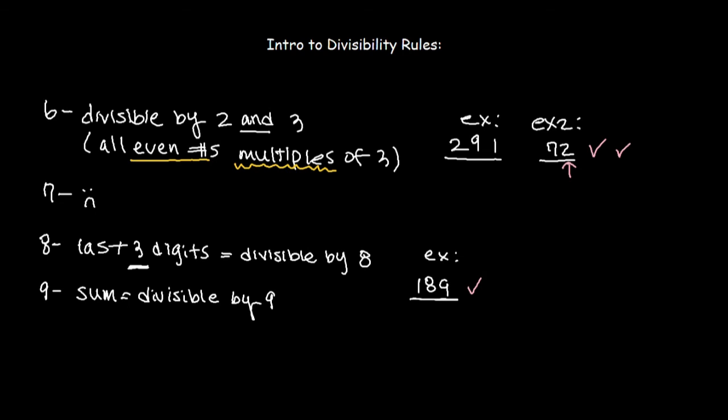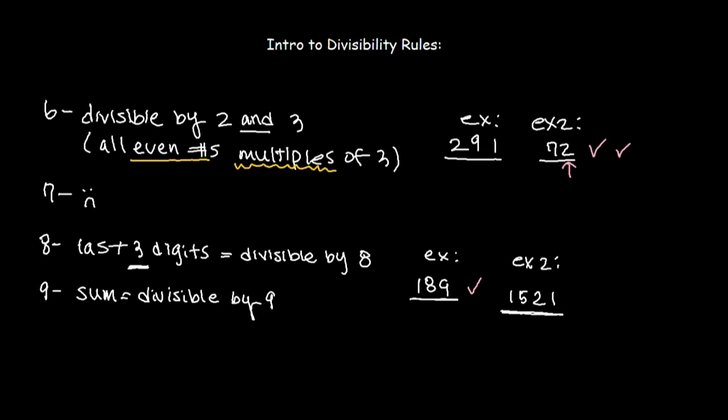Let's try a more complex example. Let's say you have 1,521. Just by looking at it, if you didn't know the divisibility rules, you may be like, I really don't want to divide that by 9.